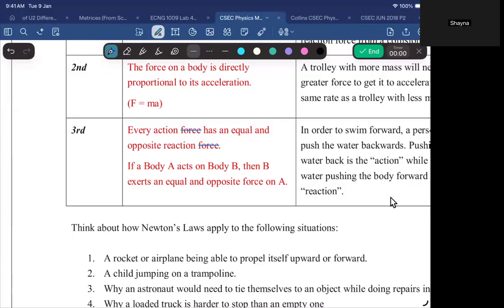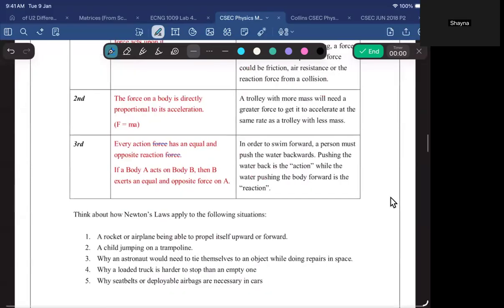He would destroy a whole city, because the force he exerts on the ground would be so much that it would destroy everything. And he might destroy his leg. His leg would have to be indestructible. So every force you apply has an equal and opposite reaction, right?